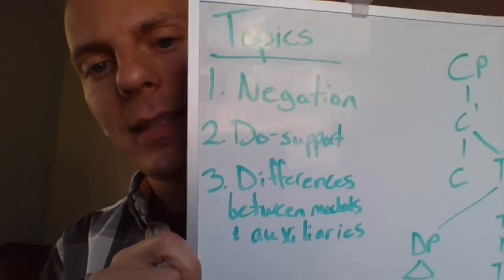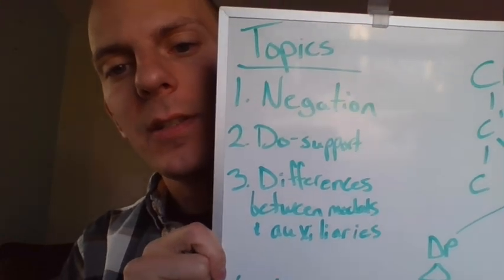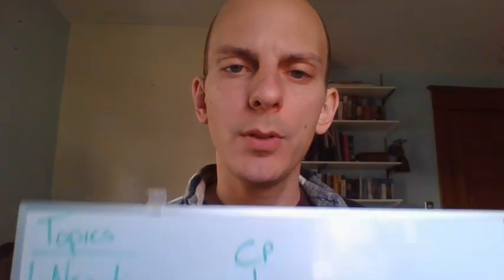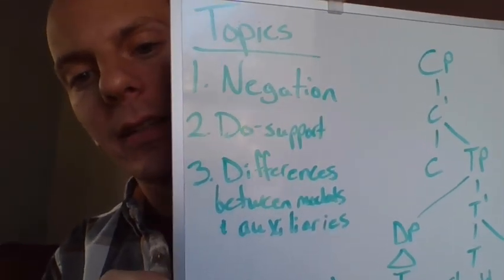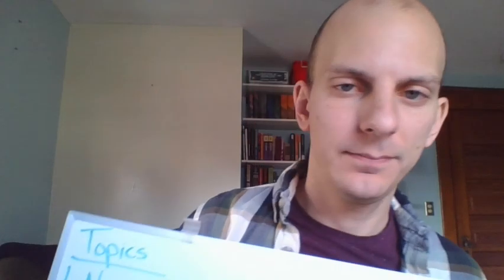And then lastly, we're going to be talking about the difference between modal verbs, things like might, could, should, and auxiliary verbs, things like have and be, as in I have gone to the store. We're going to see if there's actually a difference between I should go to the store and I have gone to the store, and tease those apart.